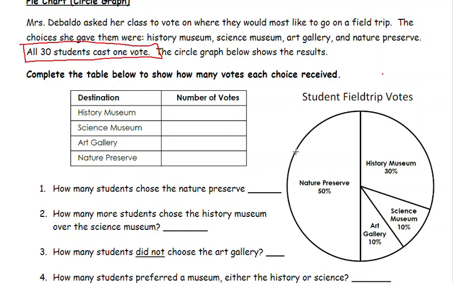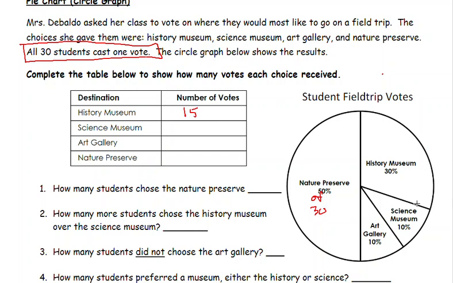And now we need to use that number and the percentages to figure out the actual number of students or number of votes that we had. So if we have 50% for the nature preserve, this means 50% of 30 students. So 50% of 30 is 0.5 times 30. That would be 15 votes for the nature preserve.